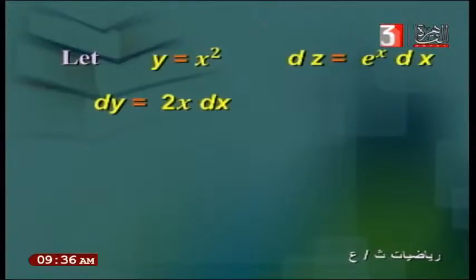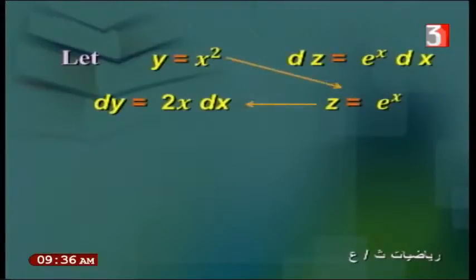We can differentiate both sides of the first part, then the differentiation of y is dy, and the differentiation of x power 2 equals 2x dx, and the integration of dz equals z, and the integration of e power x dx equals e power x.